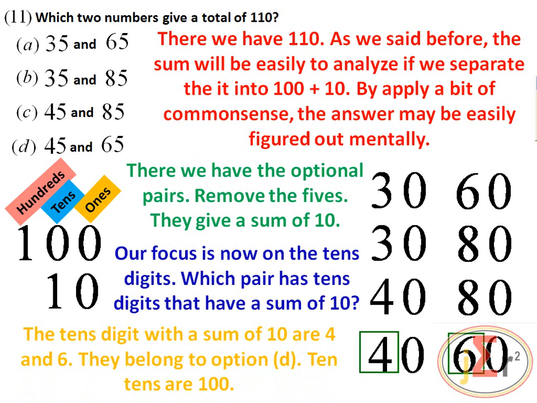The tens digits with a sum of 10 are 4 and 6. They belong to option D. 10 tens are equal to 100. So these are the tens digits. If we add them and we get 10, that will make 100, which is what we want. And that will be our correct answer, which is option D.